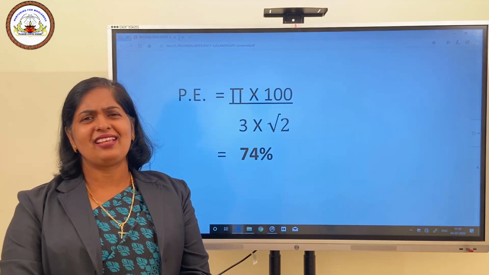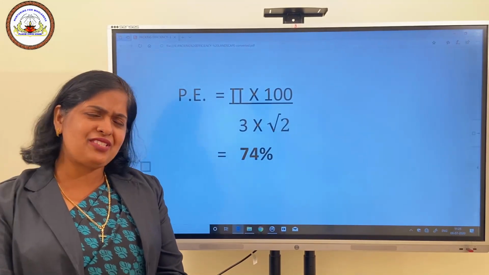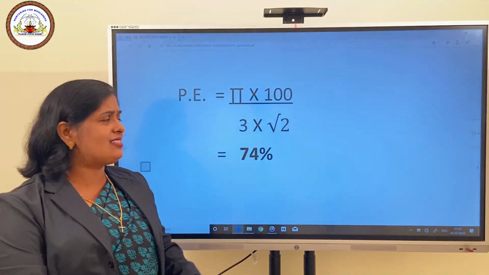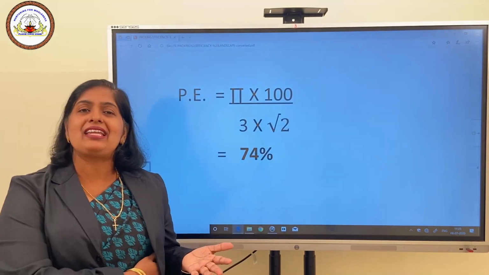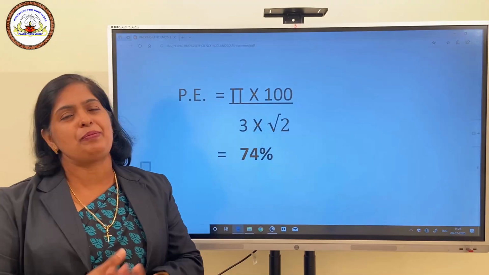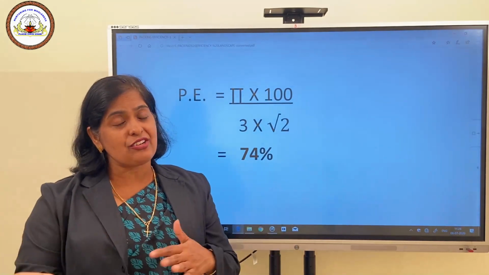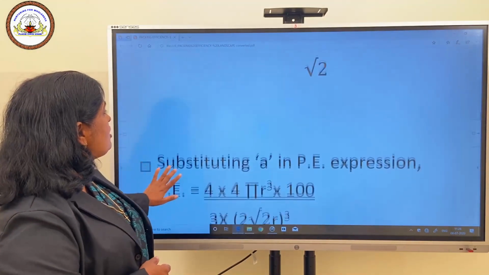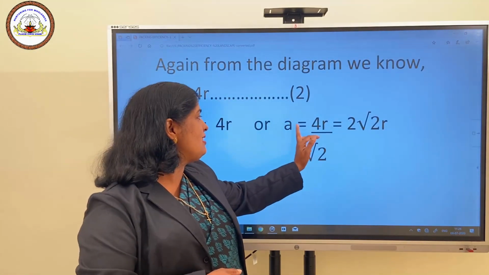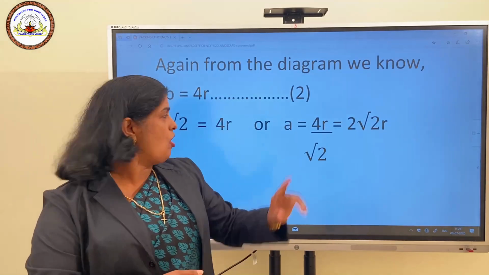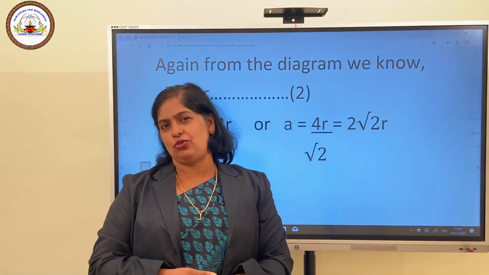Dear students, for the examination I have seen questions being asked as, what is the relation between edge length and radius in a CCP structure? Here we know edge length and radius. We have seen edge length a is equal to 4r by root 2, or a is equal to 2 root 2 r.